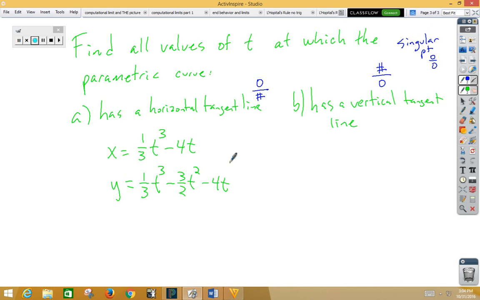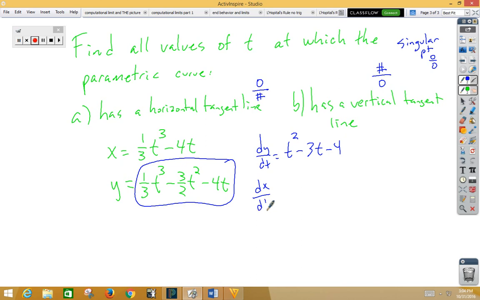So let's go ahead and get started with this one. When we take the derivative of our y, then dy/dt is going to be t squared minus 3t minus 4. When we do dx/dt, we're going to get t squared minus 4. Now, we're going to want to set both of these equal to 0 and solve.